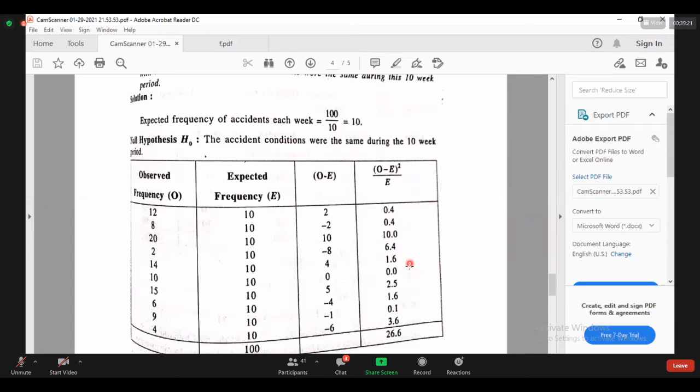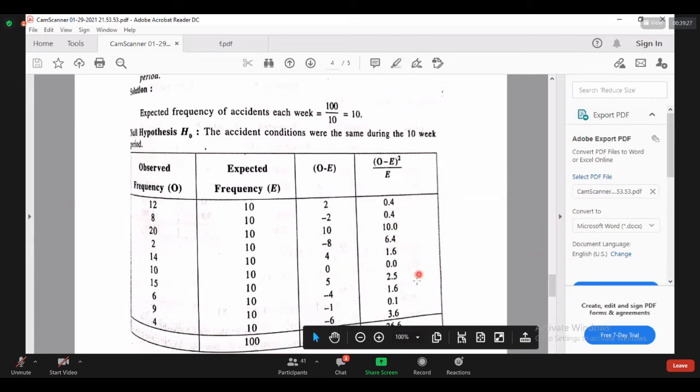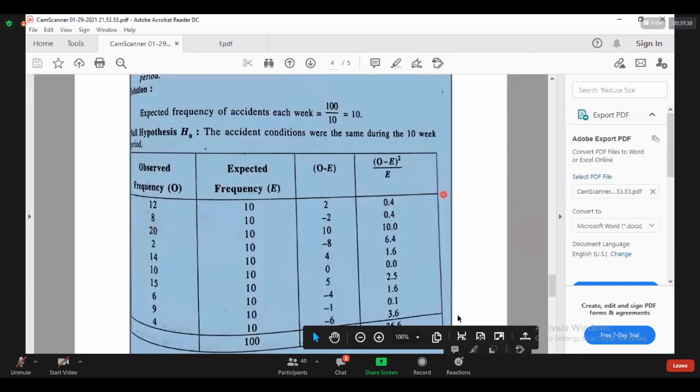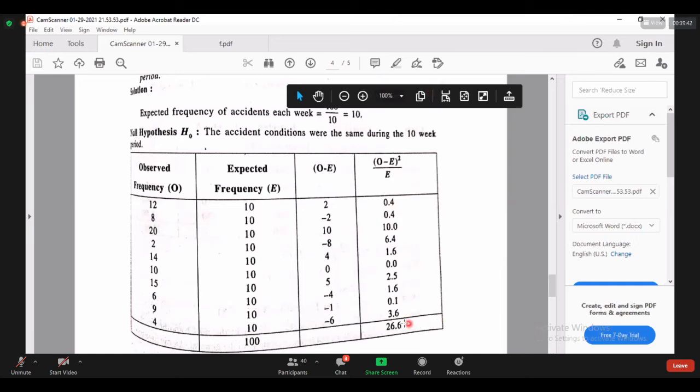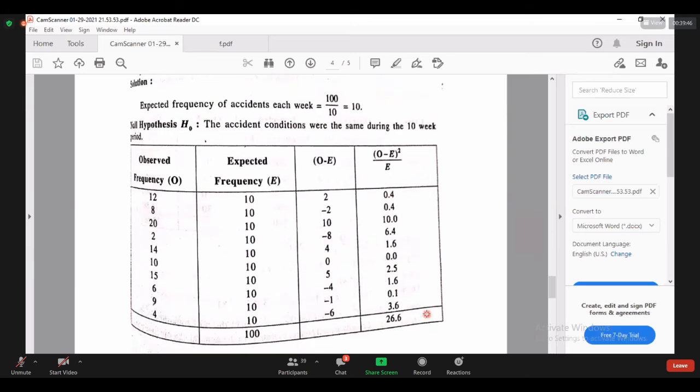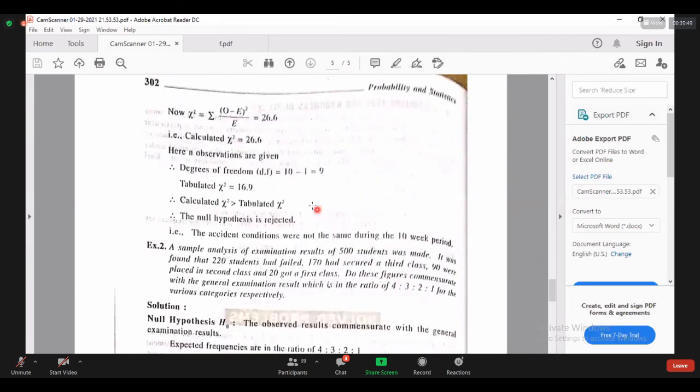Like this, we find (O minus E) whole square by E for each. The sum of these values is 26.6.